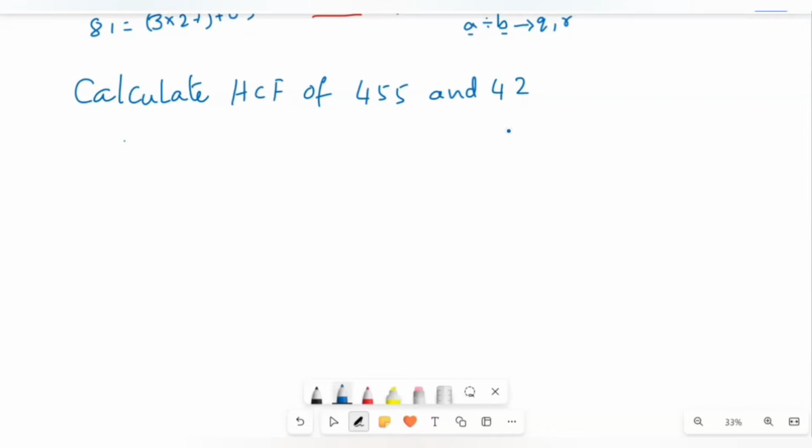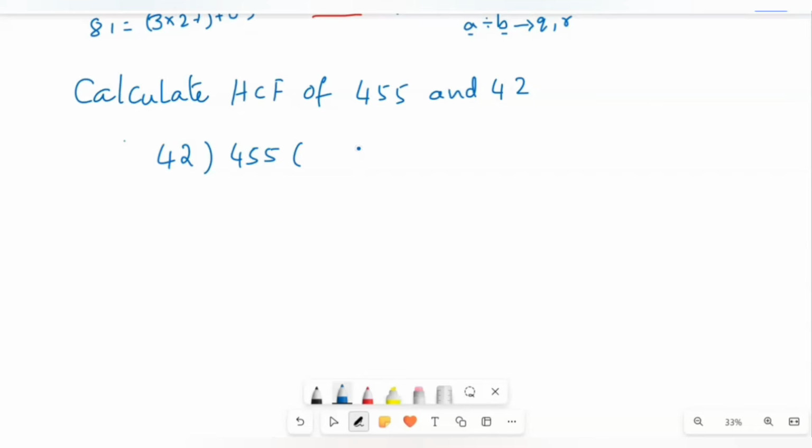For this, generally how will we do it by the long division method? Take these two numbers and divide one by the other, right? The smaller number we take as the divisor, the bigger number as the dividend, and we divide these two to find the HCF. This is called finding the HCF using the long division method. Okay, let's recall that and let us apply this to the division algorithm theorem.